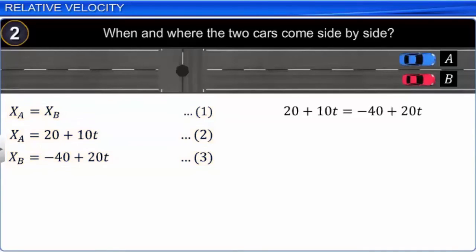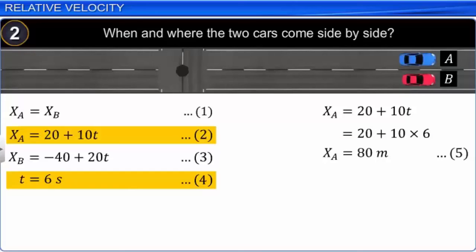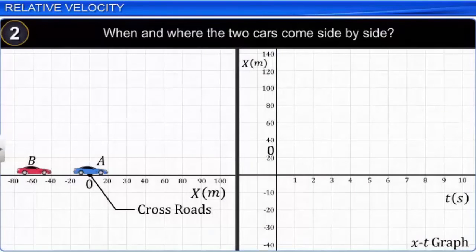This is equation 4. Further substituting equation 4 in equation 2, we get XA equal to 80 meters. The two cars A and B come side by side at 6 seconds when their position coordinate is 80 meters.